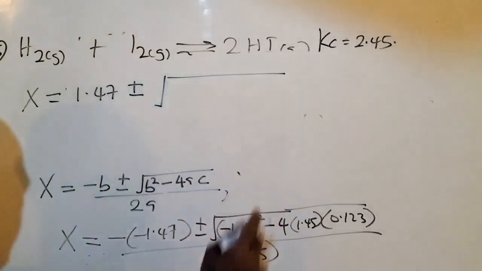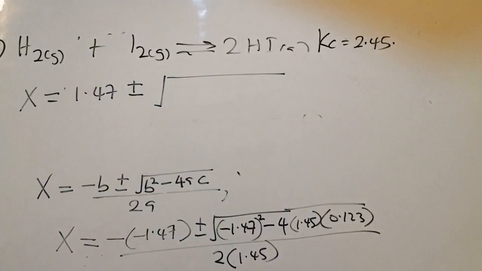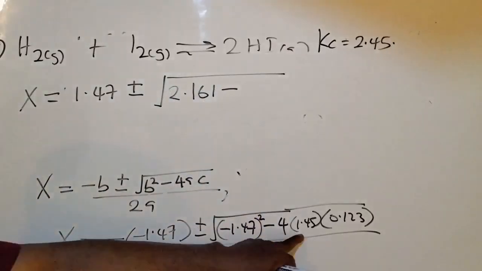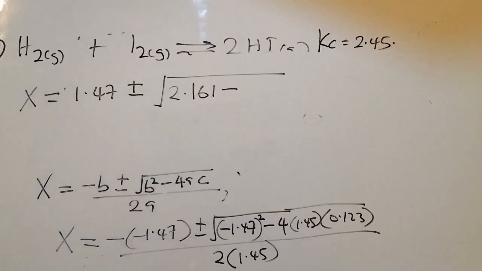You now have the bracket open. 1.47 squared gives us 2.161. 2.161 minus 4 times 1.45 times 0.123 will give us 0.7134.